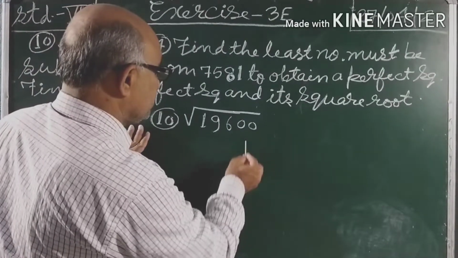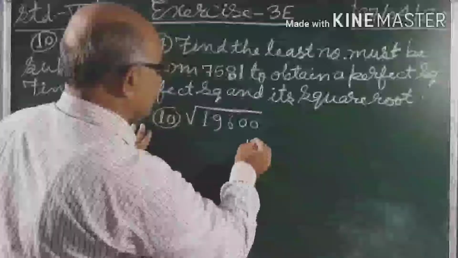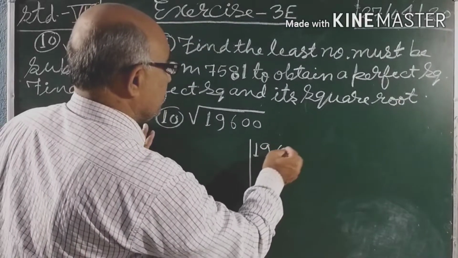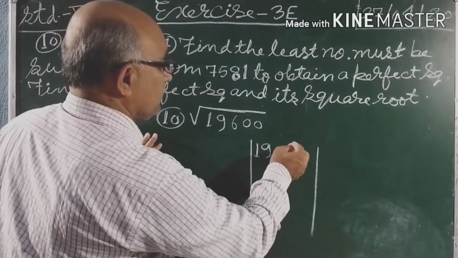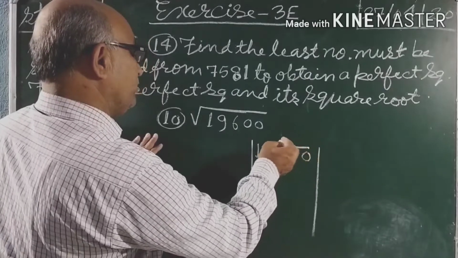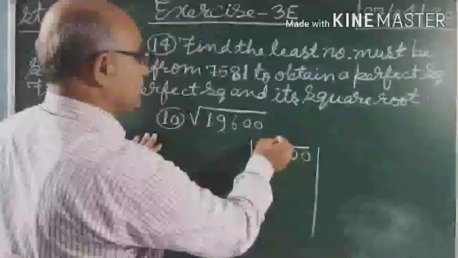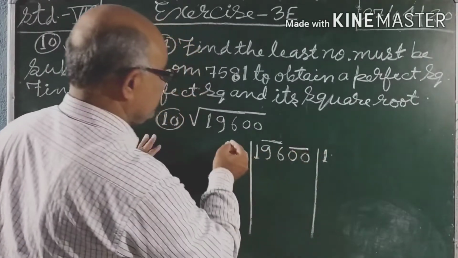Right? Write 19,600 between two vertical lines and make pairs from the right side. 1 1 ja 1, 1 time.